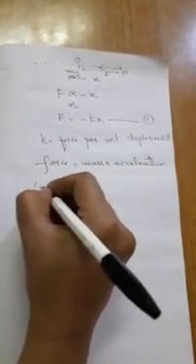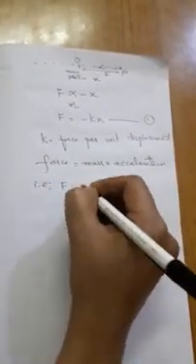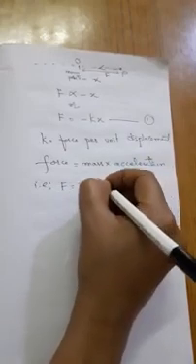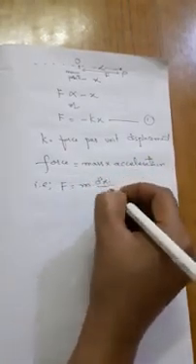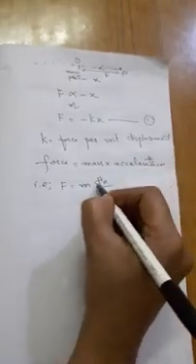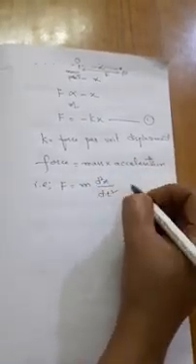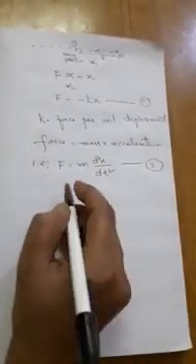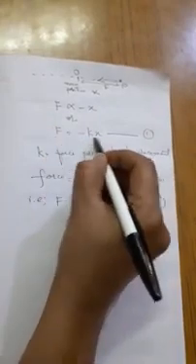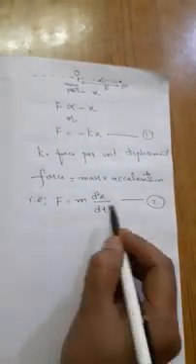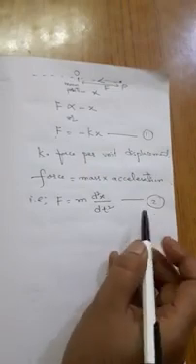Mathematically we can write F is equal to m into acceleration, and in differential form acceleration can be written as d square x by dt square. Let us take this as equation number 2. The first equation is related to the force F, and the second equation is also related to the same force F.